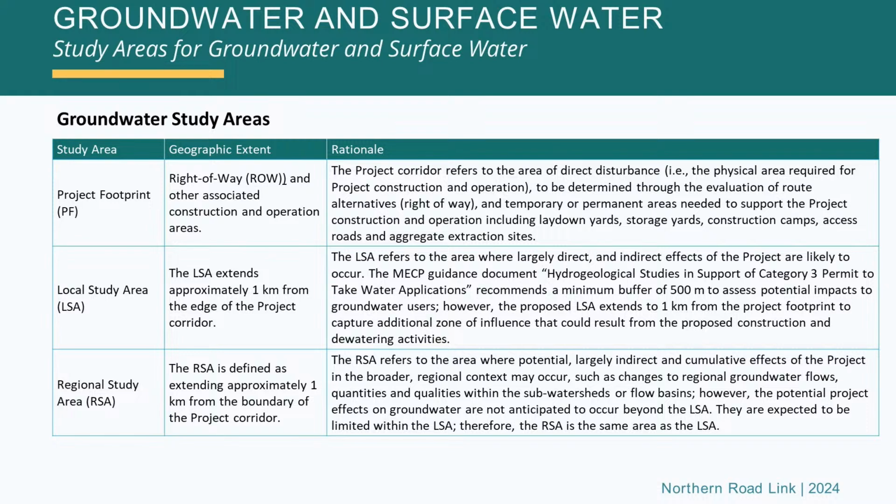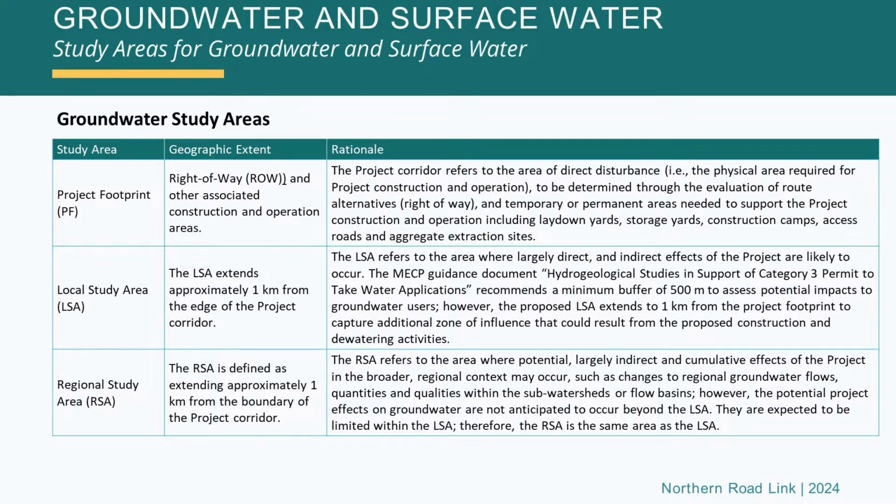And then in terms of the actual physical study areas, so like the spatial areas, like the footprints, or the study areas that we use on the land and water, we have three different ones. We have the project footprint, which is basically what's underneath everything that's built for the project, both temporary and permanent.